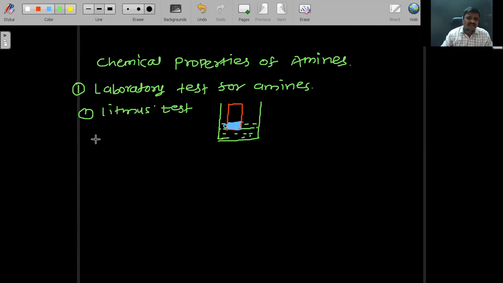Now the second test: if our compound is a base, it should react with an acid such as HCl. Let us consider R-NH2, which means a primary amine. If the primary amine is a base, it should react with a mineral acid such as HCl. There is a single bond between hydrogen and chlorine.